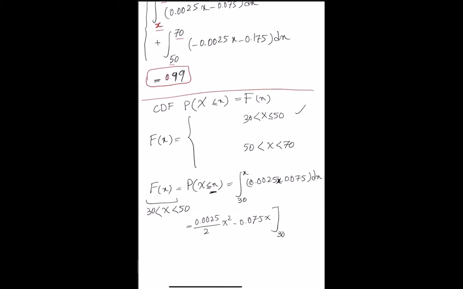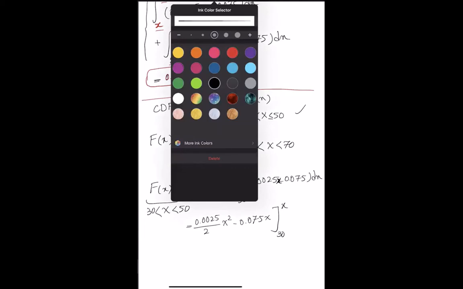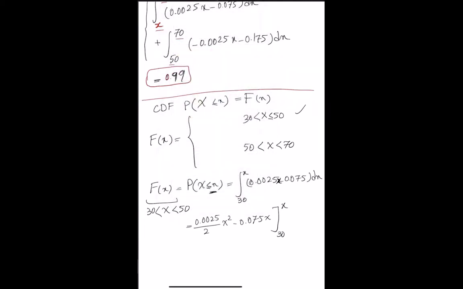And we have to put in this lower bound and upper bound. And when we do these calculations, whatever is going to come out is going to give us the cumulative distribution function for the time when x is between 30 to 50.